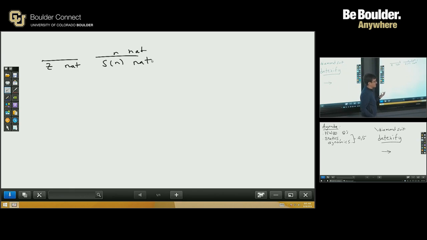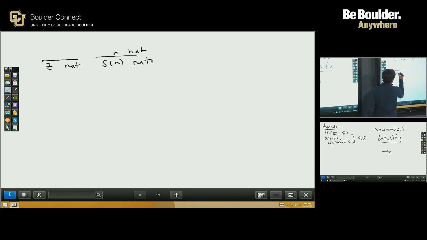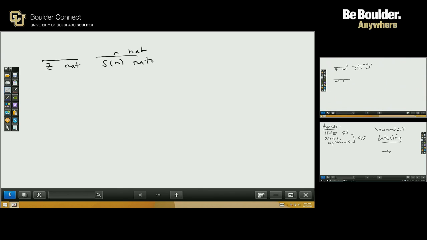So let's say I wanted to make a list of natural numbers. I could say nil is a list. That's the nil case.